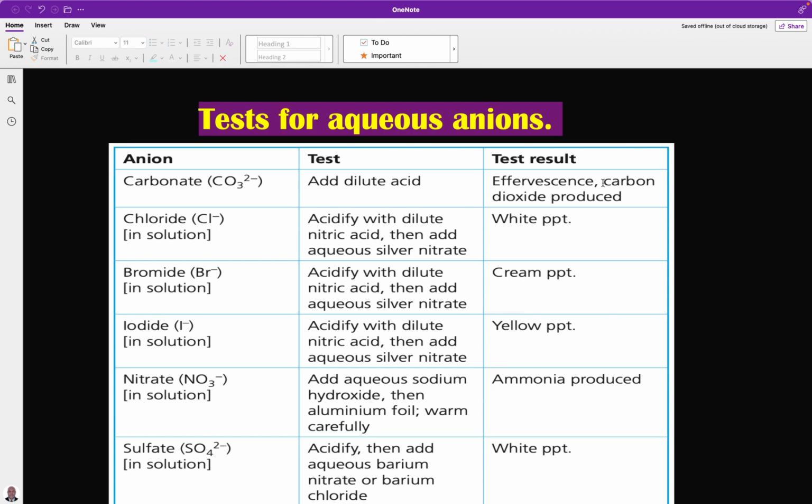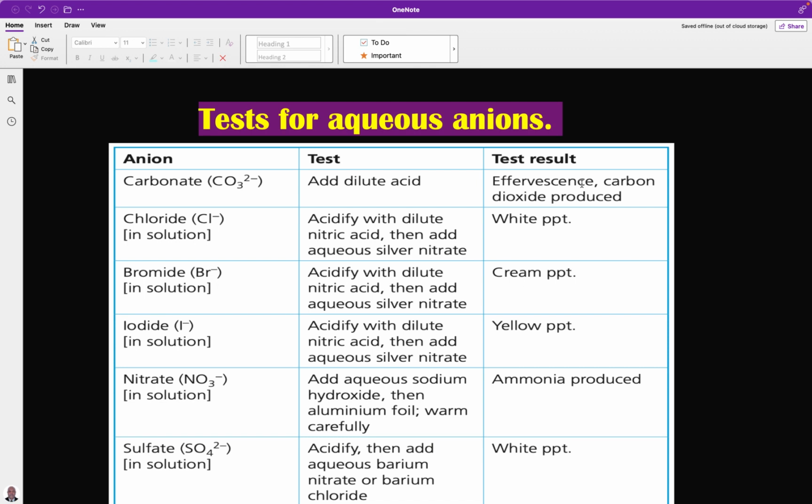For instance, if I give you a metal carbonate, let me say sodium carbonate or calcium carbonate, and I add dilute hydrochloric acid to it, what you will observe in the test tube is effervescence. You can say fizzing, or bubbles of gas are released.